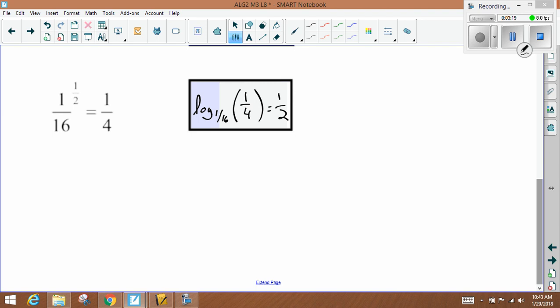The other way? 1/16 and 1/4. Okay, so the 1/16th is the base. So then we say that this is also our base, right? What about the 1/2? So that 1/2 is right there.